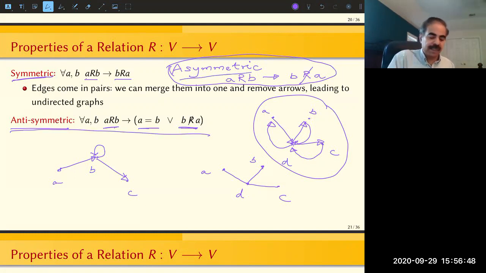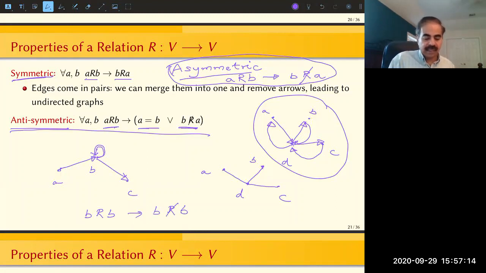Because asymmetry simply says, now this self loop violates asymmetry because if you just substitute A equal to B, since B is related to B, we want the condition B not related to B, right?